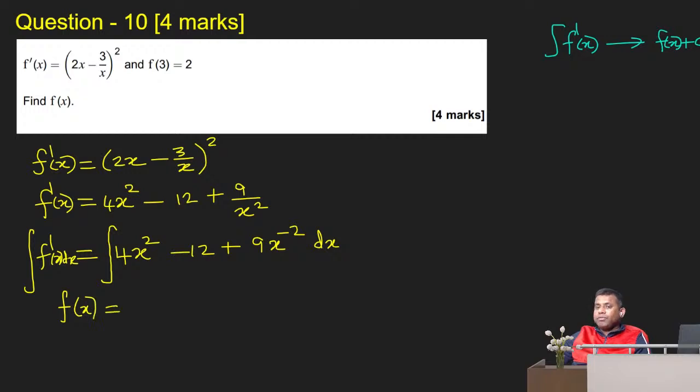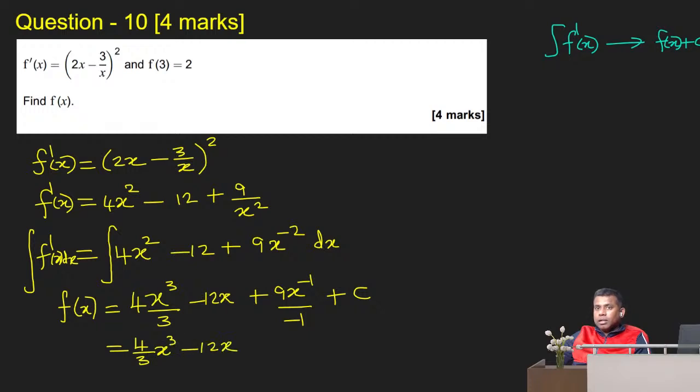So f(x) is 4x cubed over 3 minus 12x plus 9x to the power minus 1 over minus 1, plus c. So the answer is 4/3 x cubed minus 12x minus 9 over x, because x to the power minus 1 can be written as 1 over x, plus c. That is the f(x) function.